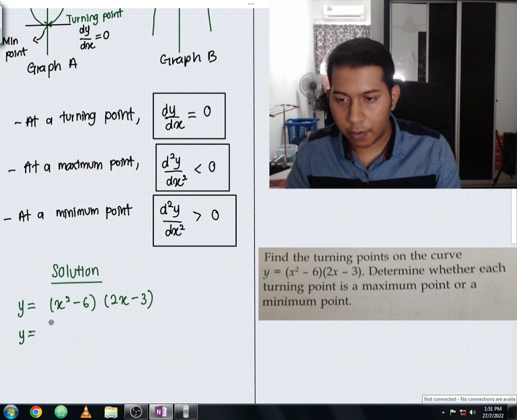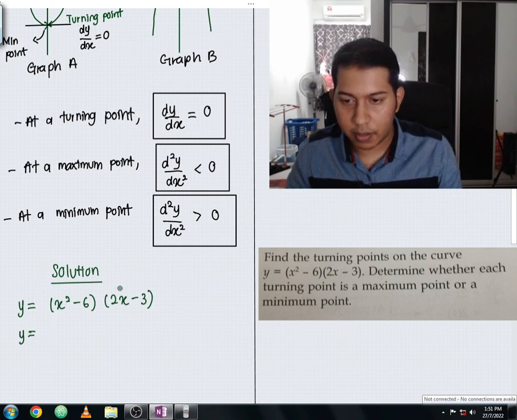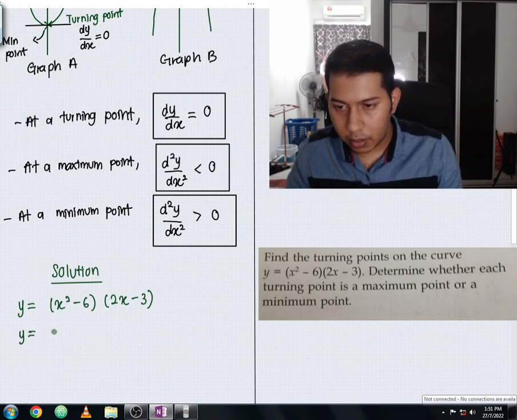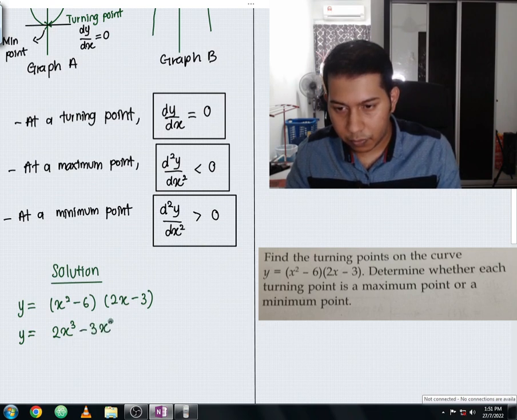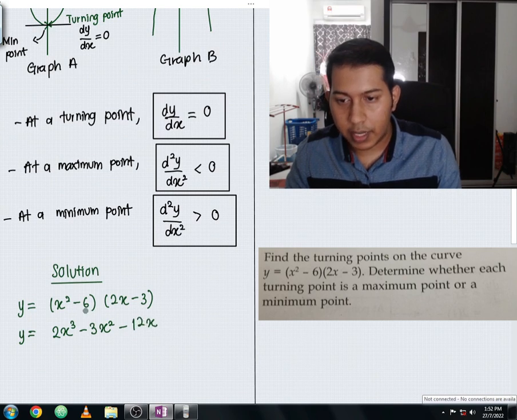So y equals x squared times 2x, that is 2x cubed. x squared times negative 3, you get negative 3x squared. Negative 6 times 2x, you get negative 12x. Negative 6 times negative 3, you get positive 18.